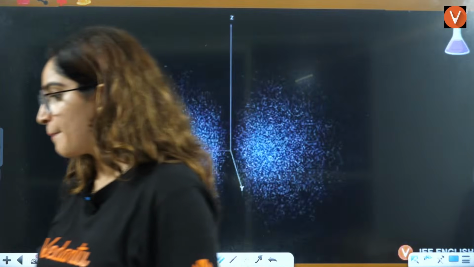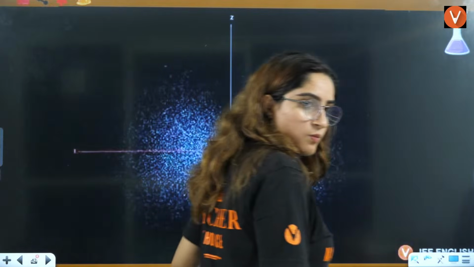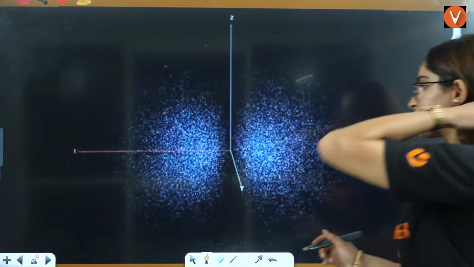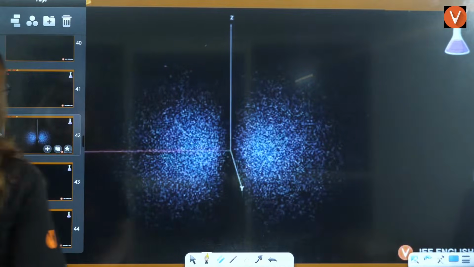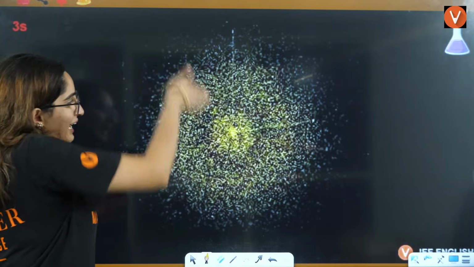But when you see a sphere, I don't have any wall as such here. In this particular part, there is no plane that I can pass.